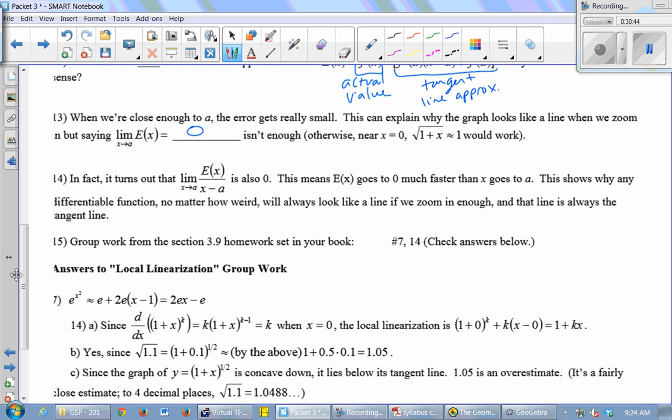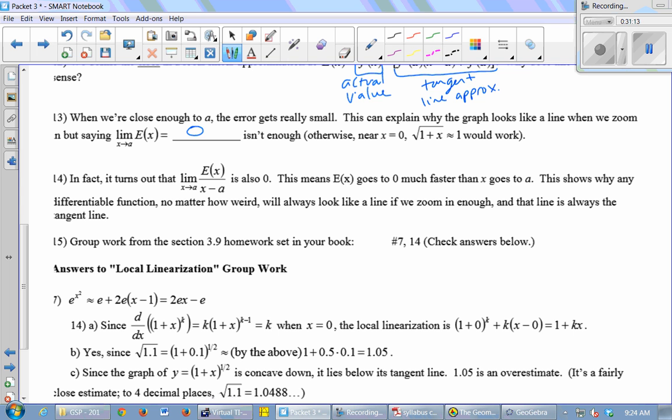Okay? So it turns out that if I look at the limit as x goes to a, the point of tangency, of the error over x minus a, that has to go to 0. Right? And that means that the numerator, the error, would have to go to 0 faster than the denominator does. Because if the denominator went to 0 faster, then that whole fraction would blow up to infinity.